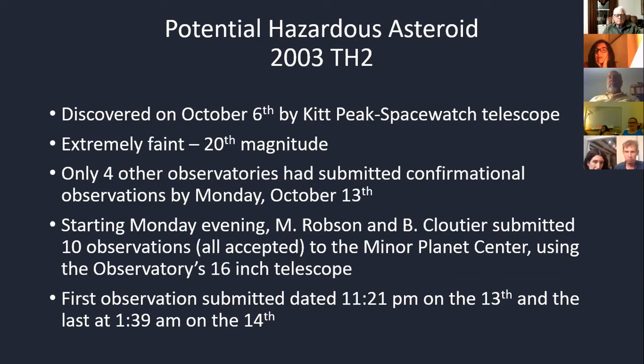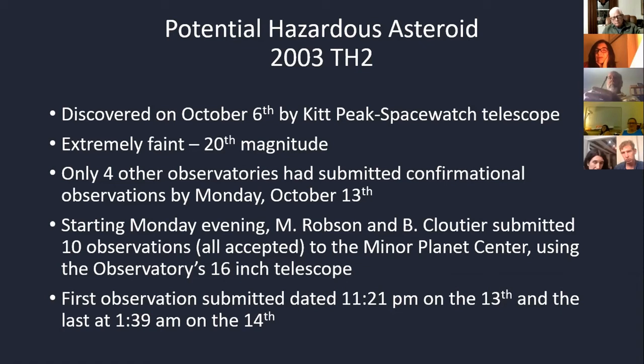It's a fairly faint asteroid, and we had to wait until later on in the evening to get it high enough in the sky so that we had a good chance at finding it. But we spent the evening hunting for this particular asteroid, and by the early morning on Tuesday, we had 10 observations that we sent off to the Minor Planet Center.